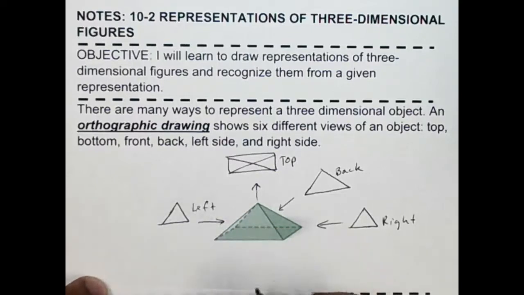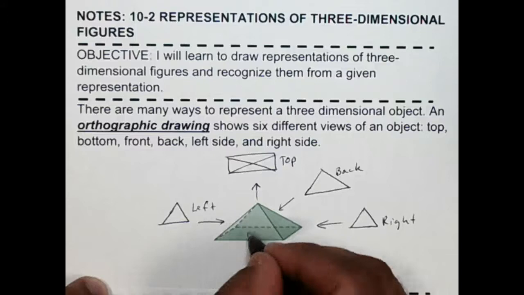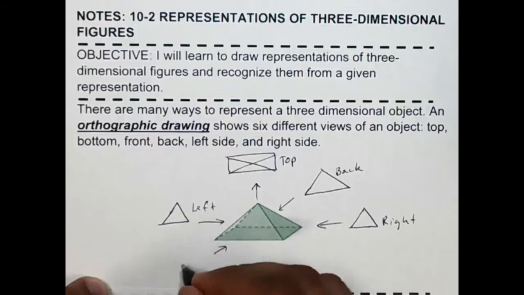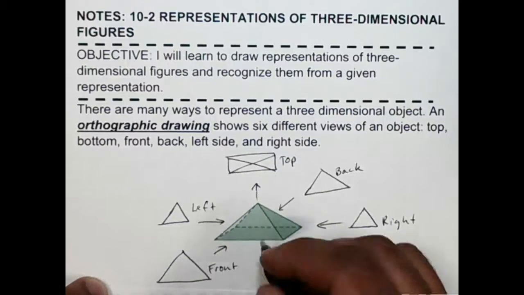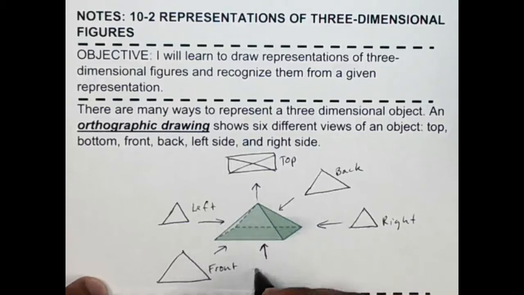If I'm looking at it from the front, I would see a bigger triangle, similar to what's in the back. And if I'm looking at it from the bottom, I would see a rectangle. So from this pyramid, these are the 6 different ways that I could look at it if I were looking at it straight from any side.